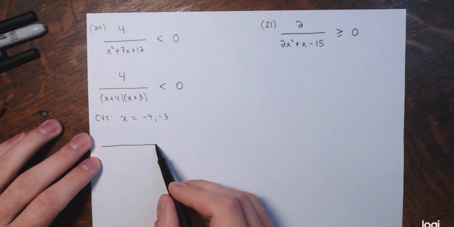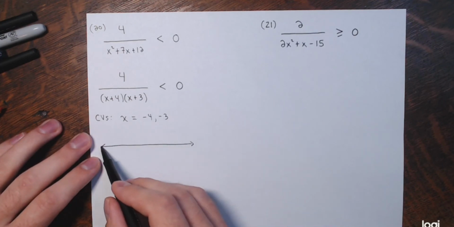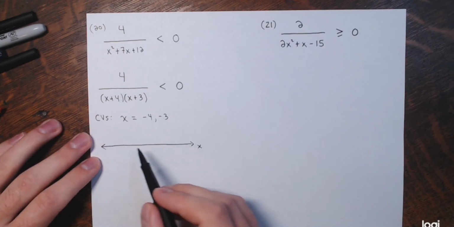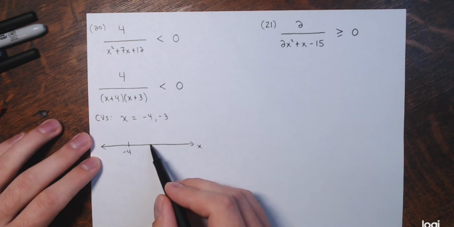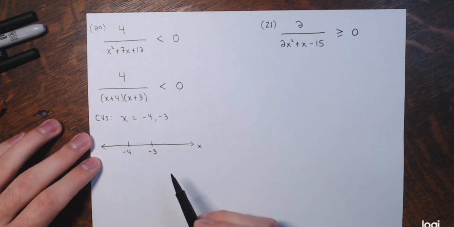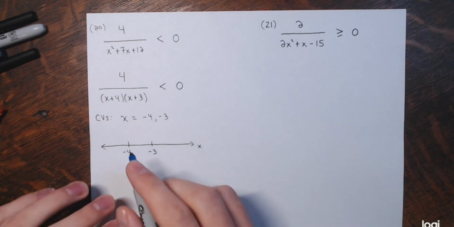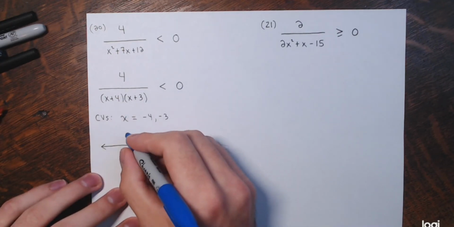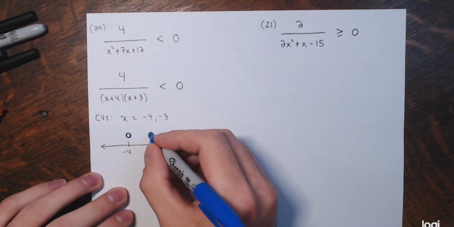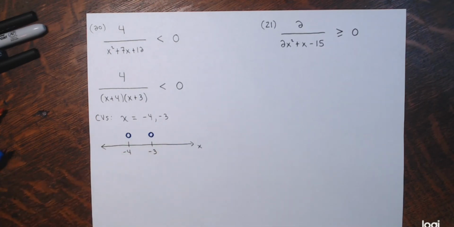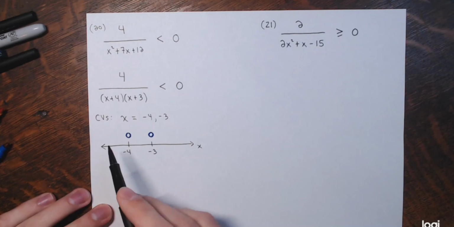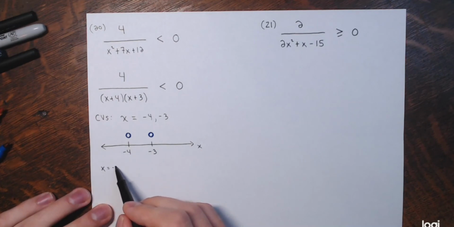And I'll mark those off on the number line. -4 should be to the left of -3. And neither one of these, again, will be a solution because they make a denominator 0. That's undefined, so open point above both of those. And then to the left of -4, how about -5?